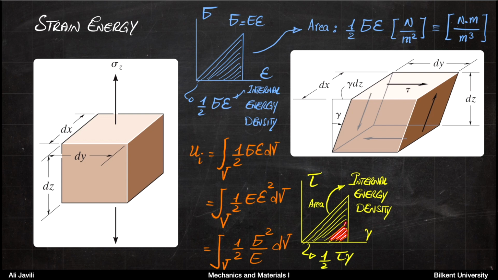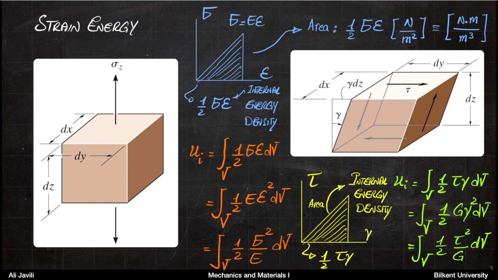If you calculate the area under a stress strain curve, that would be your internal energy density. And in order to calculate the energy itself, all you have to do is to integrate that over the volume. And then again, using the relation tau equals G gamma, you can write it in its original form, which is 1/2 of tau gamma, or you can write it as 1/2 of G gamma squared, or 1/2 of tau squared divided by G.